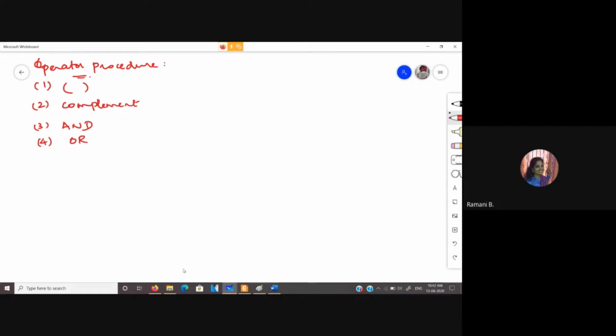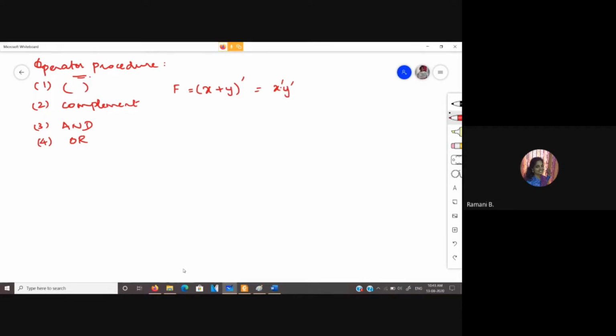So if you have an expression like f is equal to x plus y the whole bar, this is nothing but x bar dot y bar.